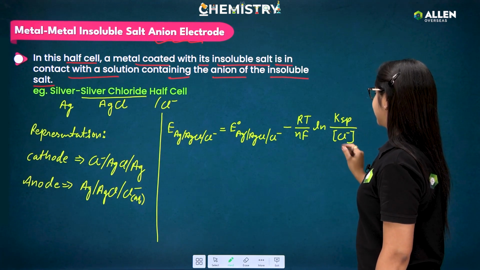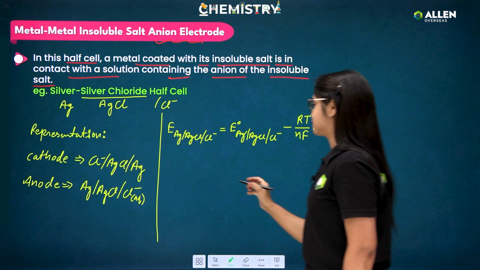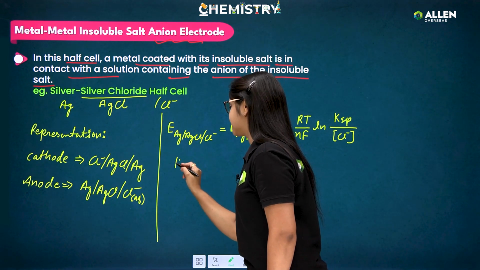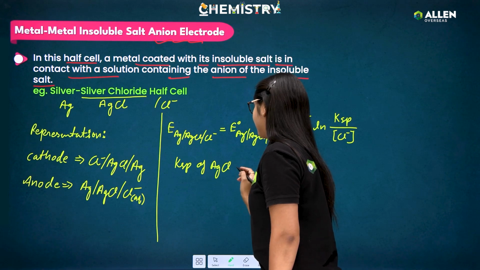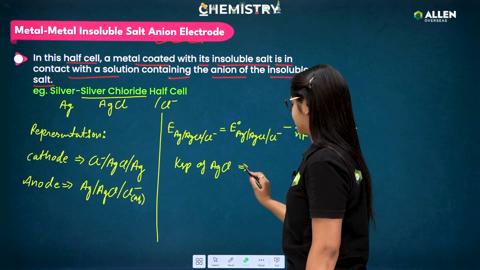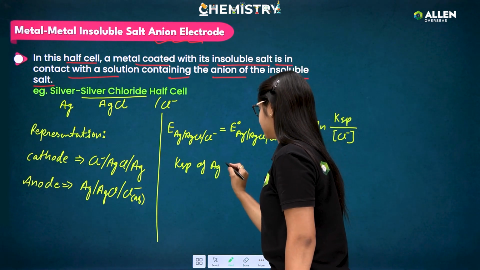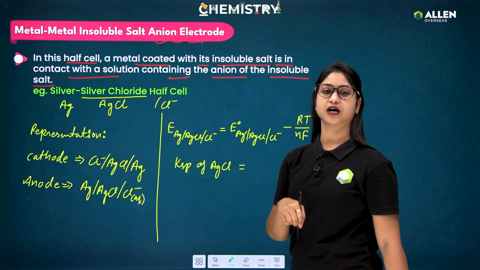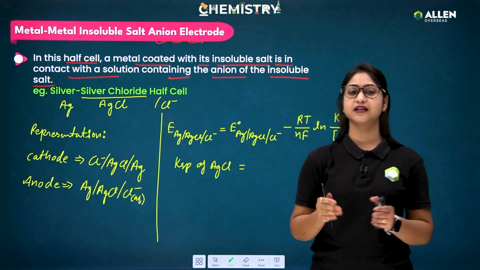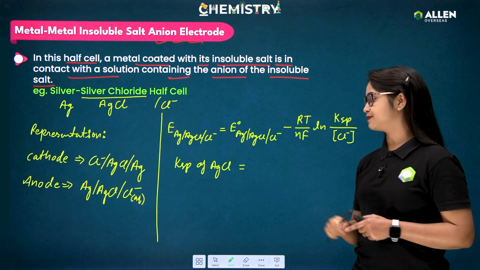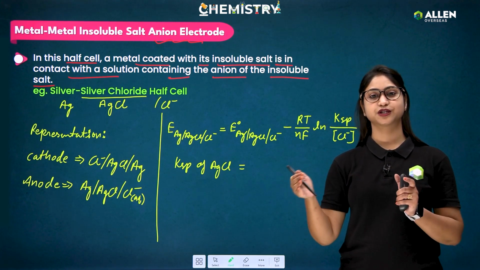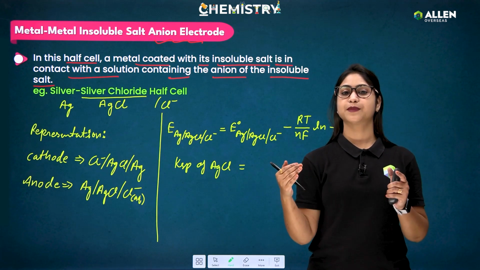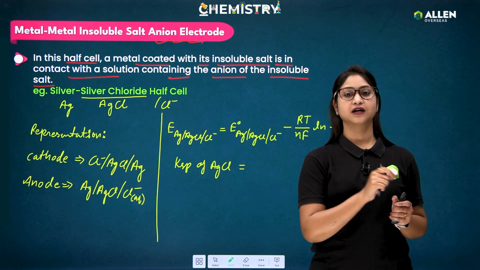Now the KSP divided by Cl minus concentration, if we talk about the KSP of AgCl, what is KSP? What is solubility product? Solubility product of an insoluble or sparingly soluble salt is basically the multiplication or product of the concentration of ions raised to the power equal to their number.